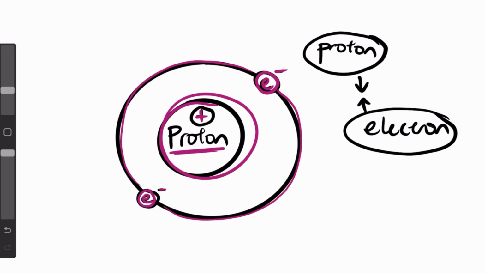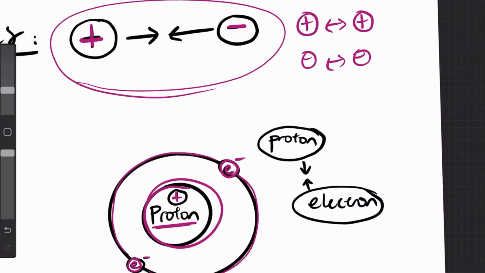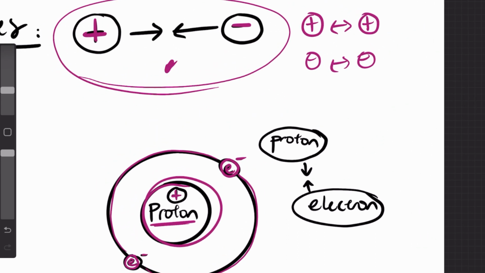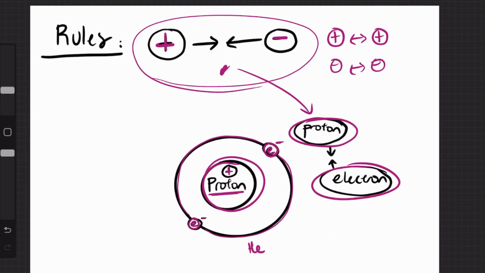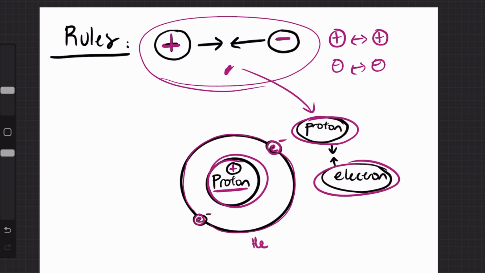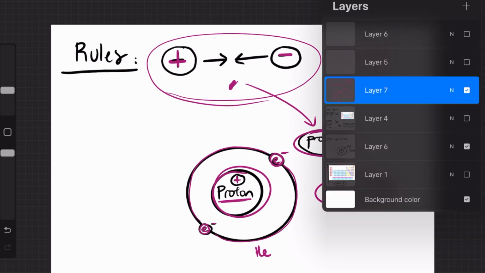This would be helium, with 2 electrons and 2 protons. Knowing that positive and negative attract each other, this means protons and electrons are attracted to one another. This is going to go into the atomic radius, particularly on the row, and I'm going to show that to you in a second.